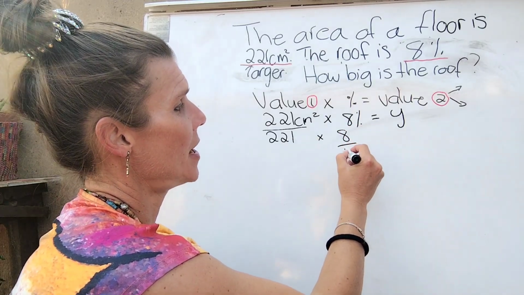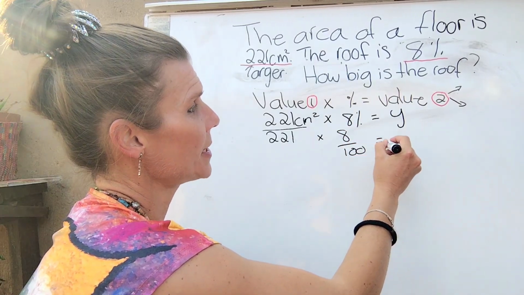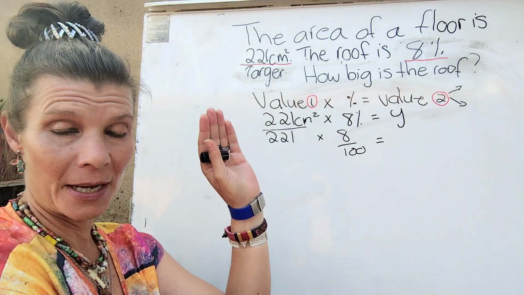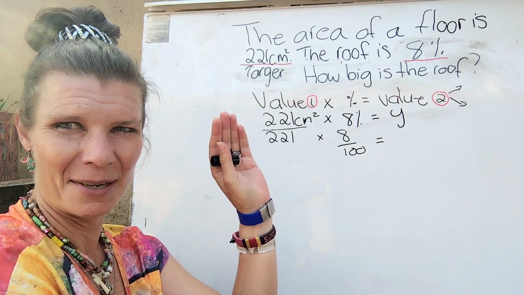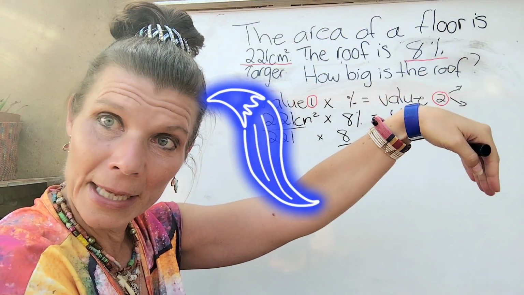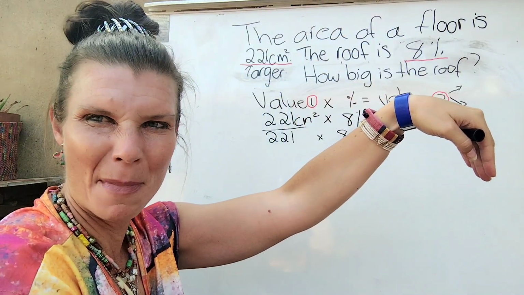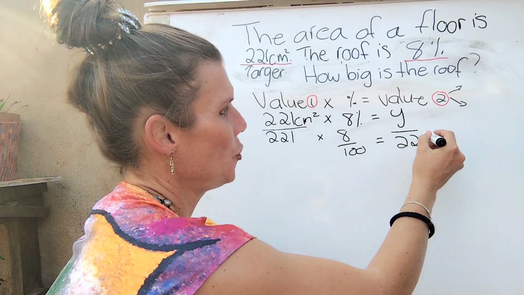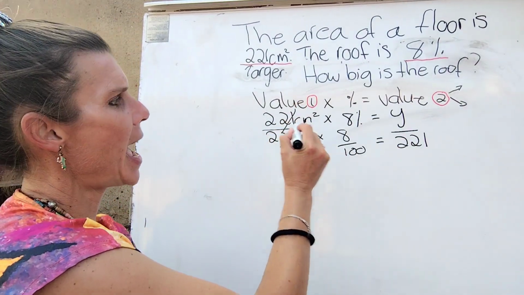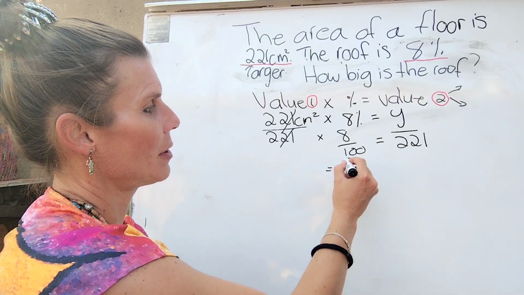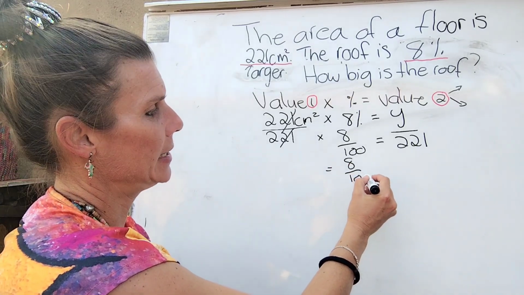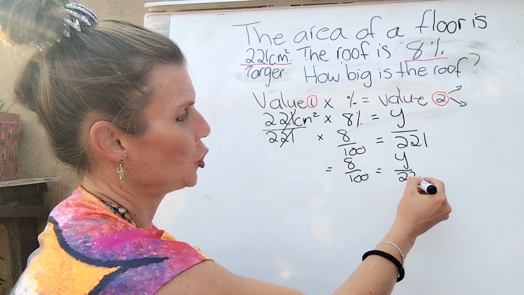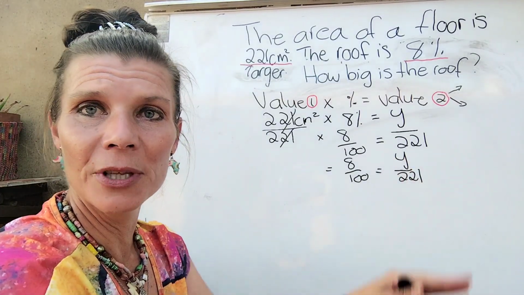Times something out of 100 equals, my rainbow rule. What I do this side of the magic maths rainbow, I need to do on the other side of the magic maths rainbow. Divided by 221. Cancel each other out. And I'm left with 8 on 100 equals Y on 221. What's my rule now?